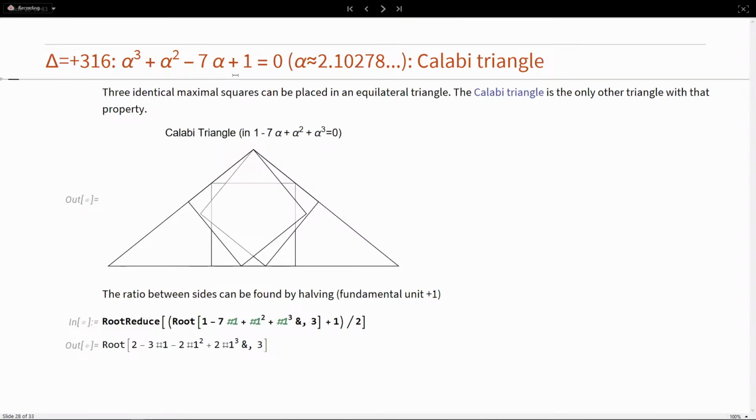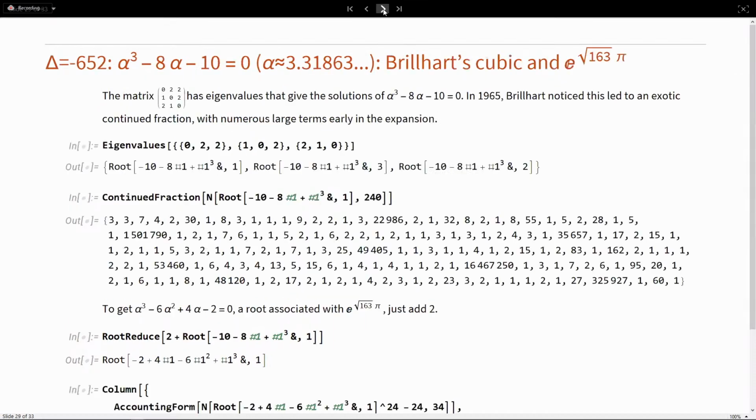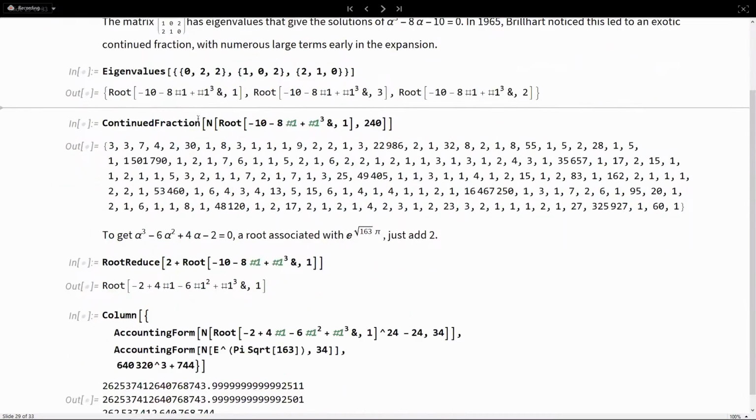The next interesting discriminant is 316, which can make the Calabi triangle. And after that, you get Brillhart's cubic. This little matrix here in the 60s was known to crash systems because the eigenvalue had strange properties.